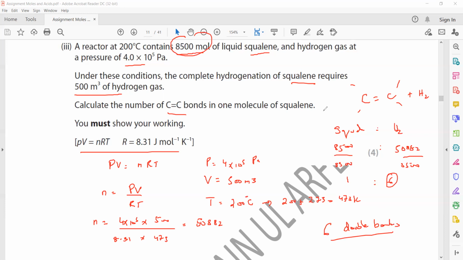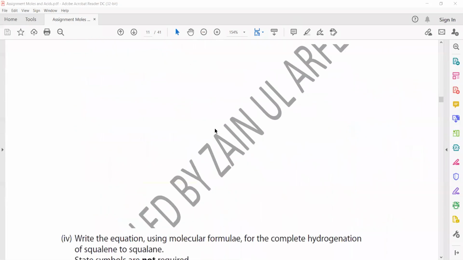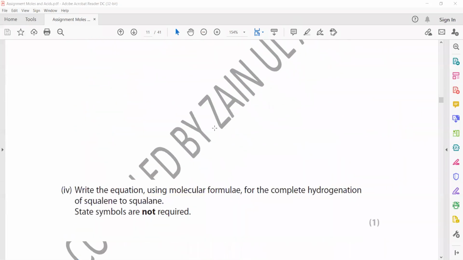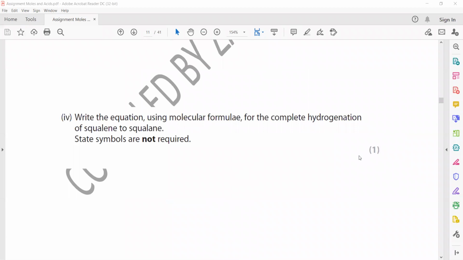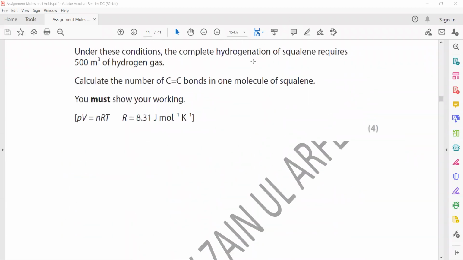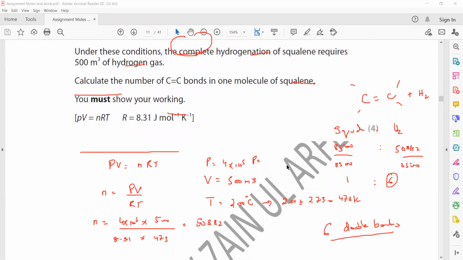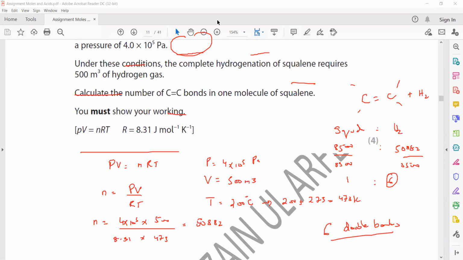Is it clear how we work out the number of double bonds in squalene? Look, in the last part, first we worked out the total number of moles of hydrogen.